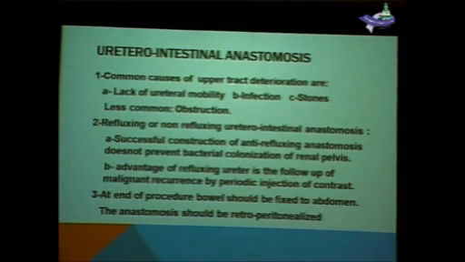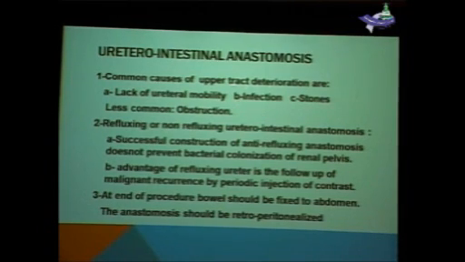First, you have to remember there are many difficulties that may lead to failure of your ureterointestinal anastomosis. If your ureter lacks mobility, you have to make it mobile. If there is an infection, you don't do the surgery, you have to treat this infection. If there are stones, you have to treat them.